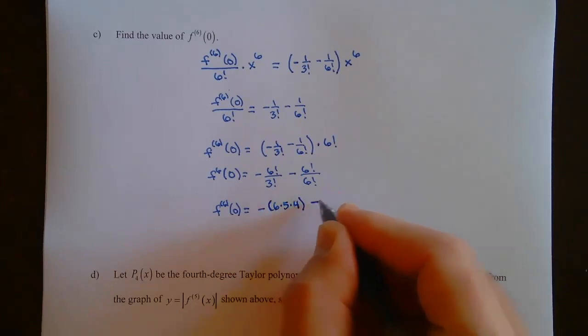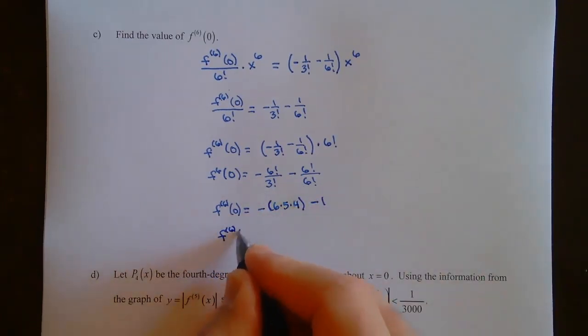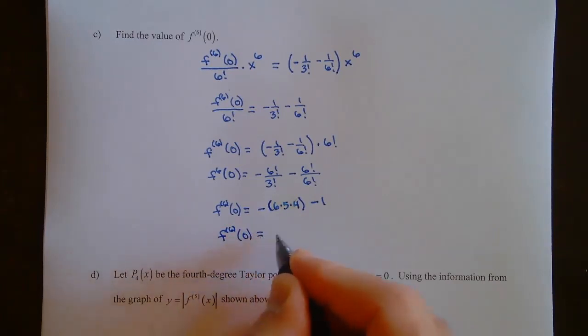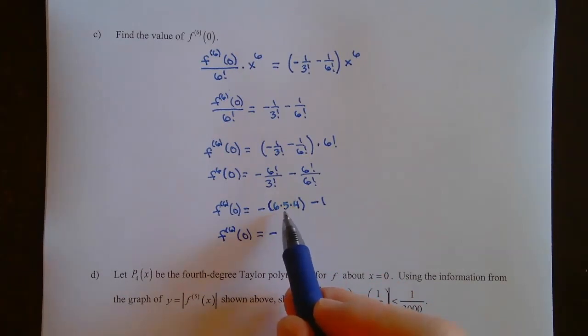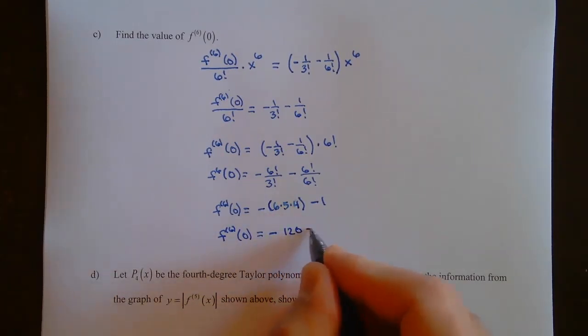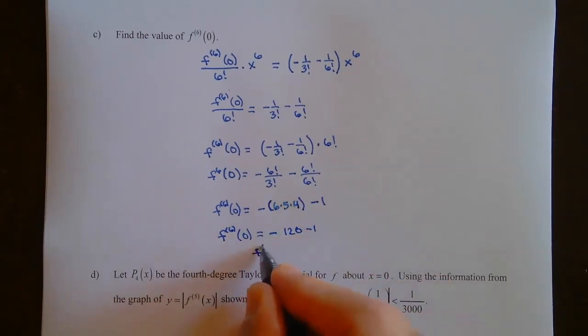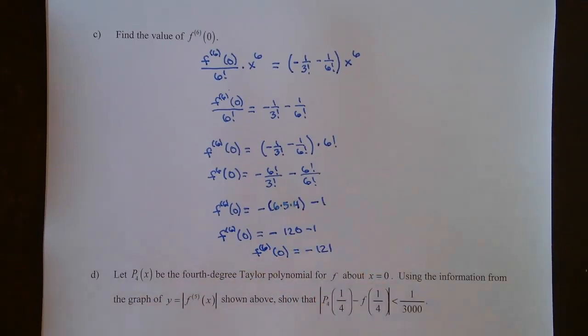And then this would be minus 1, okay? So the 6th derivative at 0 would be equal to negative, and then 6 times 5 is 30, and 30 times 4 is 120, so this is 120 minus 1. So that means the 6th derivative at 0 would be negative 121.